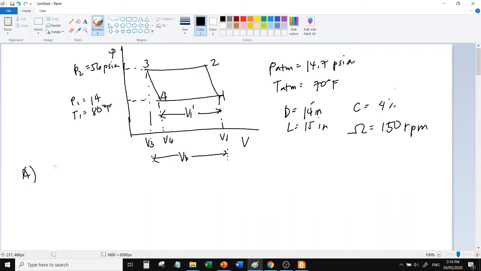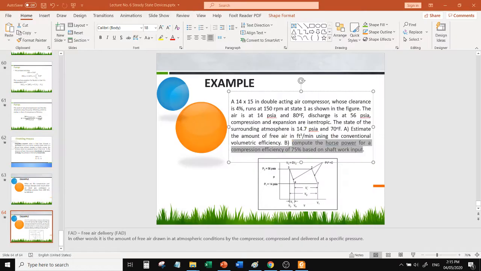For letter A, tinatanong yung volume ng free air in feet cube per minute. So, let's consider one cycle. Calculate for the displacement volume. Kasi walang binigay na yung length ng stroke.